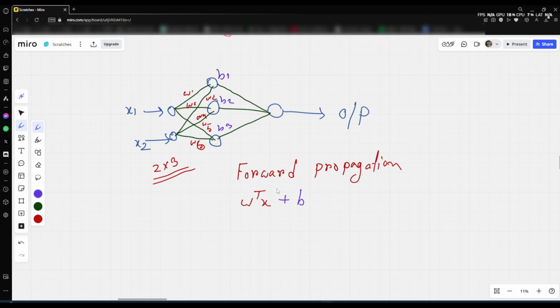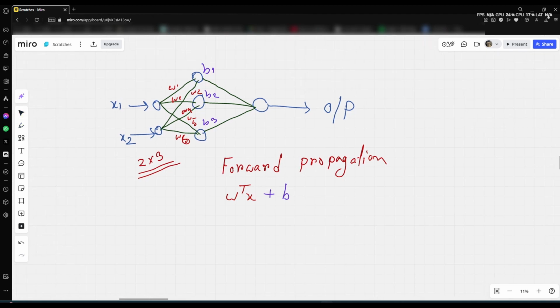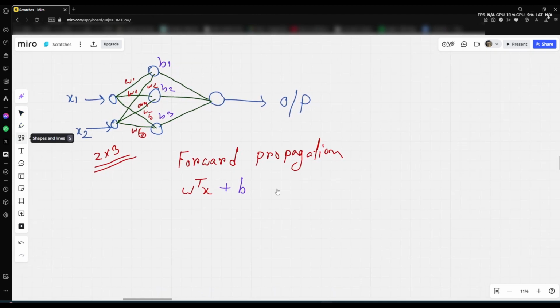And what is w indicating here? You will be amazed to know that w is nothing but a matrix: w1, w2, w3, 4, 5, 6. This is a matrix, and we are using the transpose of this matrix, then x.